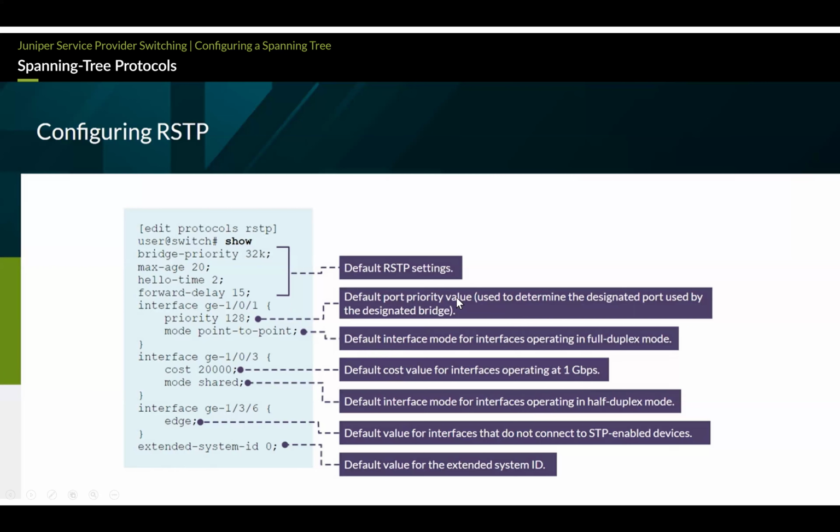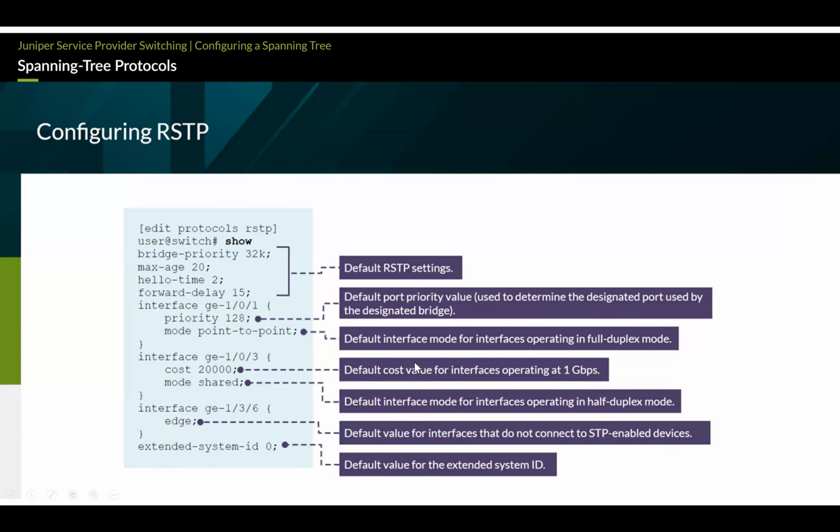The default port priority value is used to determine the designated port used by the designated bridge. And the mode configured here is point to point. Point to point means the default interface mode for an interface operating in full duplex mode. In our production nowadays, all interfaces are running in full duplex mode. No device is running in half duplex mode.